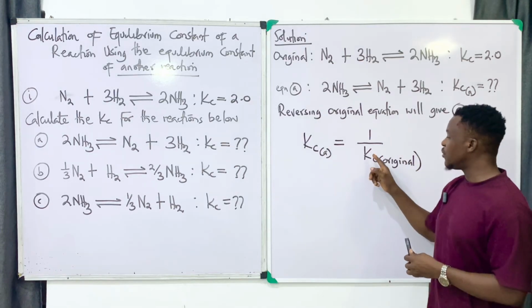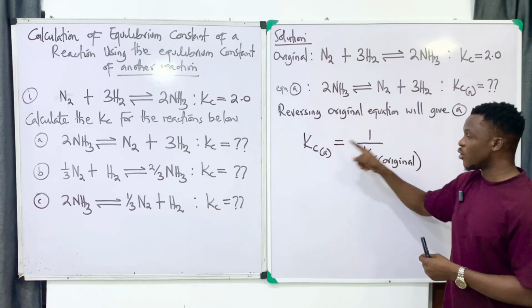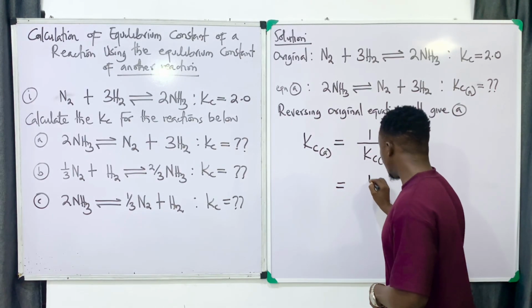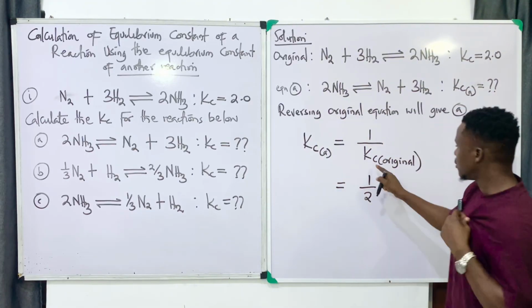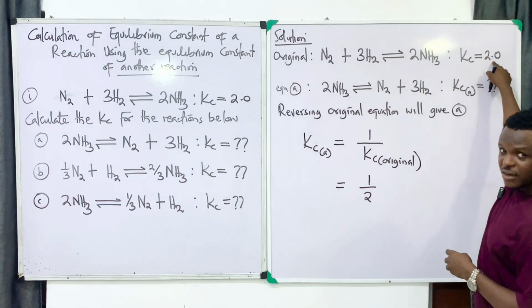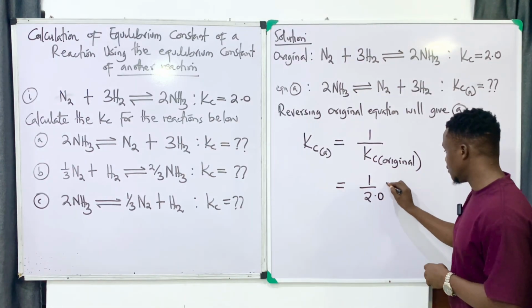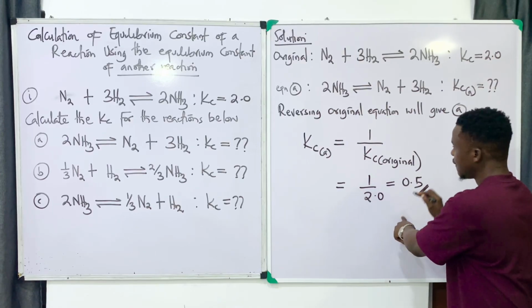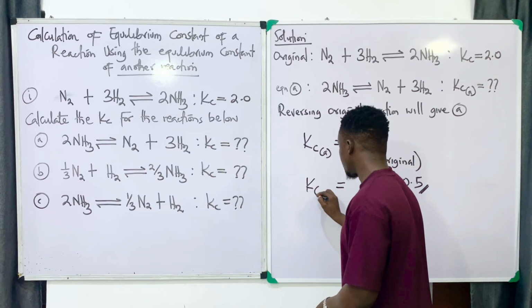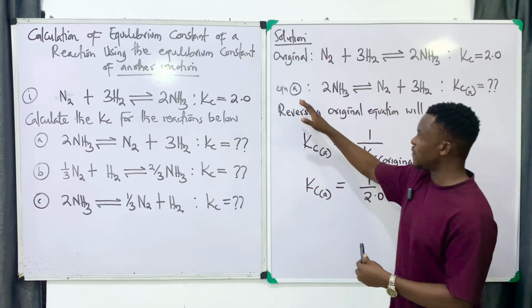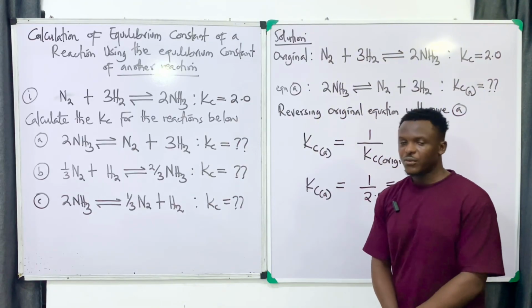Because when you reverse this original equation, you get equation A. So therefore, this becomes 1 all over 2.0, because the original Kc is 2.0, which equals 0.5. So that is how we got the equilibrium constant of A using that of the original equation.